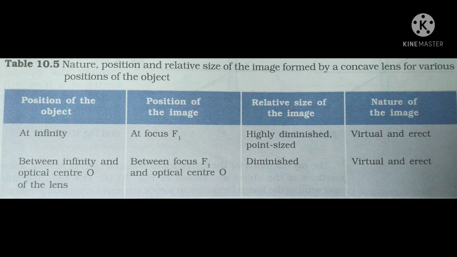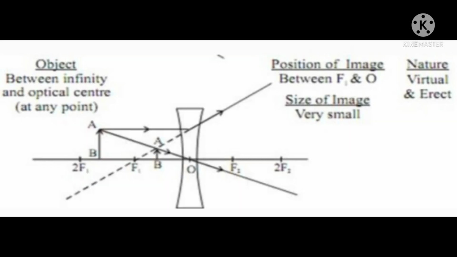And the second possibility. Now in the second possibility we have between infinity and optical center O of the lens. If you keep the object between infinity and optical center O of the lens, then we'll get the image between focus f1 and optical center O, and the size of the image is diminished and the nature of the image is virtual and erect. Just look here for this ray diagram. Look, this is the concave lens.